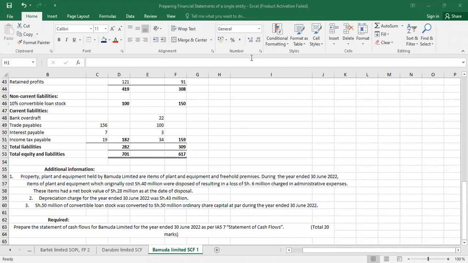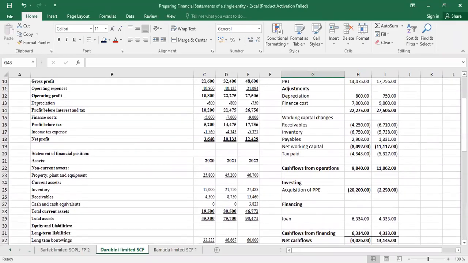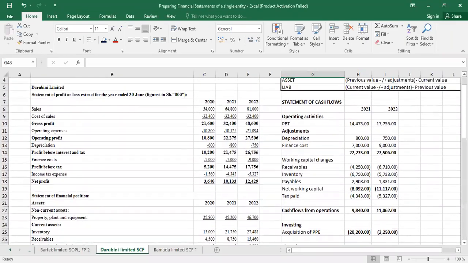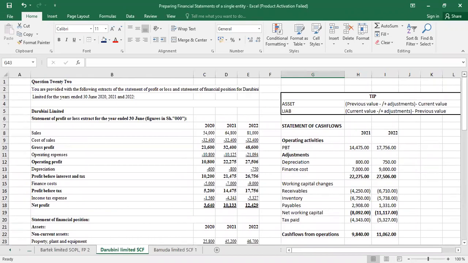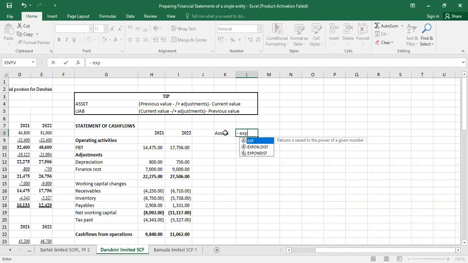Okay, we used depreciation. Let me just take you back. Okay, we used this depreciation, isn't it? Or let me just widen on the tip, isn't it? So here, the assets one, we less expenses, comma, and we add incomes.